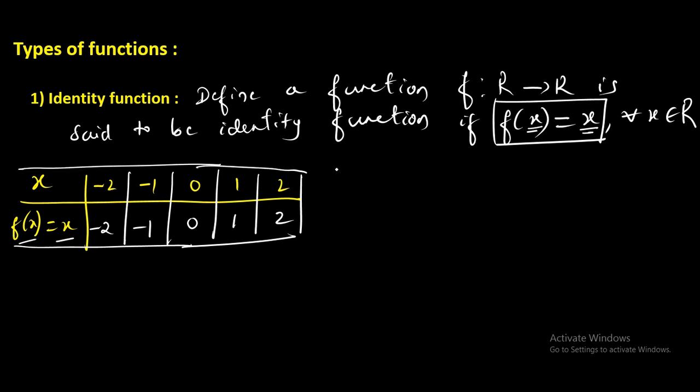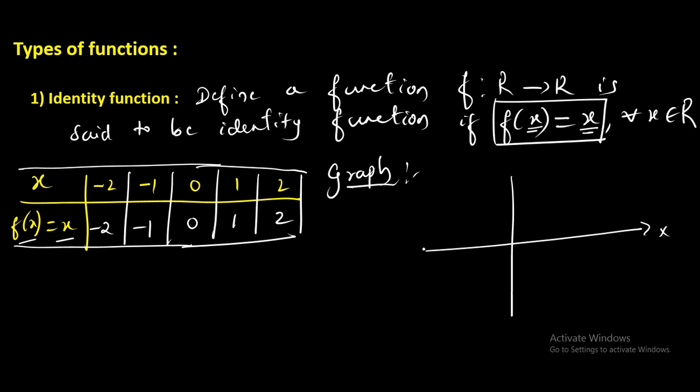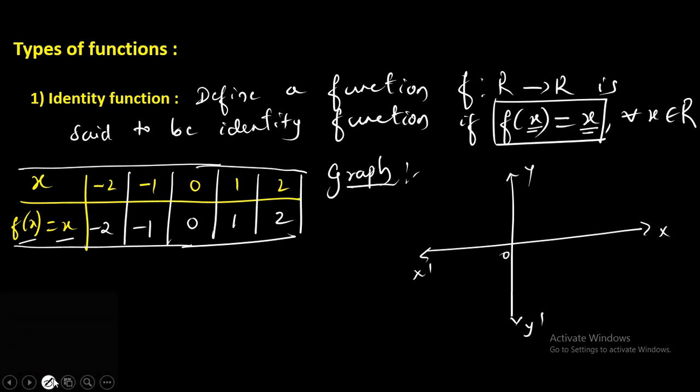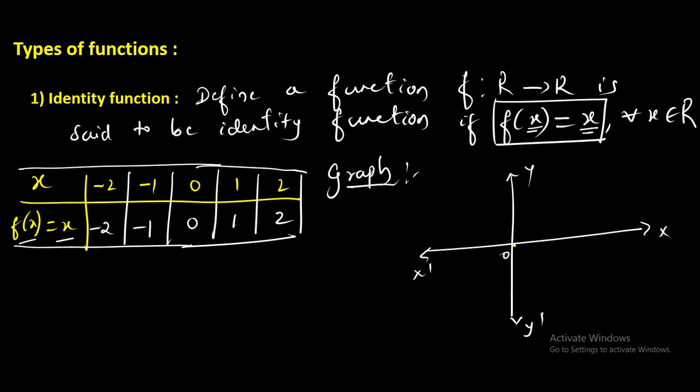So let us go for the graph of this function. Let me draw the x-axis and y-axis. Try to understand, students, the graph of identity function. Now start with 0. For 0, y is also 0.